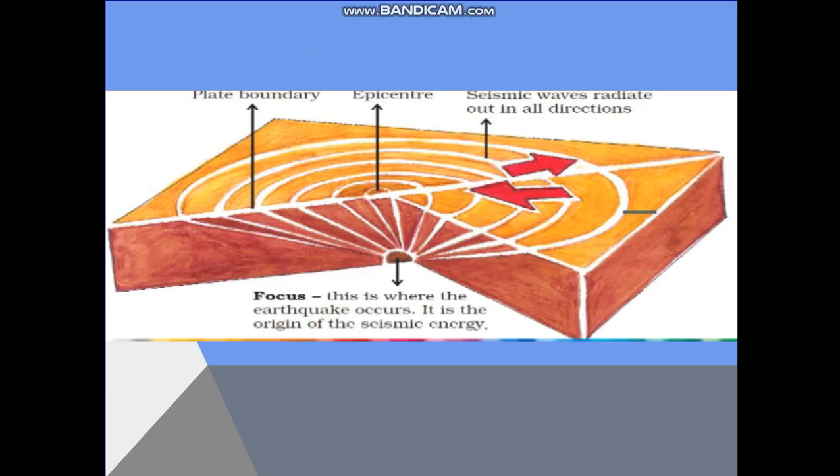Now we can get clear by this diagram. Here we can see this is the focus. From here the earthquake has started and this is just above the focus, so this is known as the epicenter. Now the waves travel far away. These are plate boundaries. These are seismic wave radiations, showing which direction they are moving.